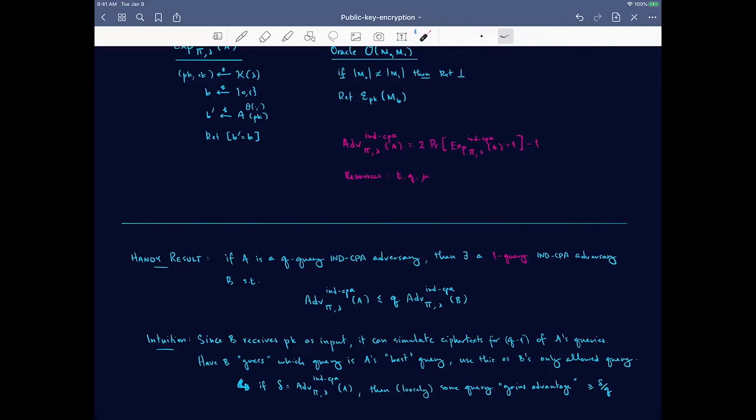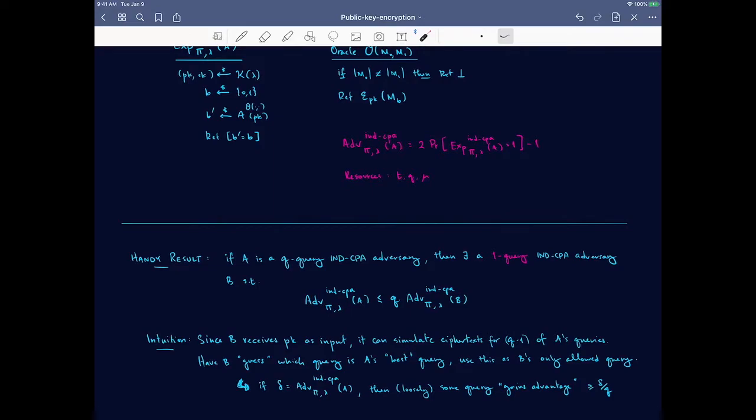So that's the intuition for where this comes from. If delta is this number, then what B is going to try to do is guess which query is going to be the one that provides at least delta over Q incremental advantage, and it's going to send that one to its oracle.